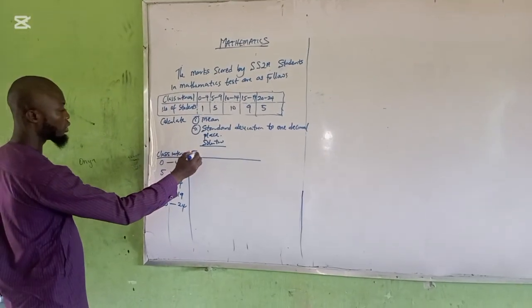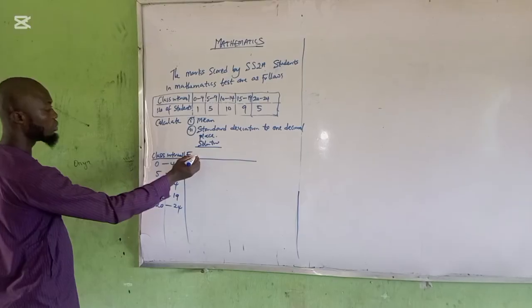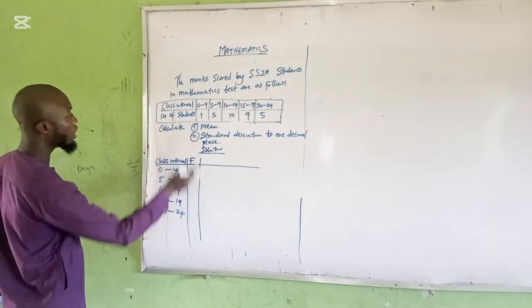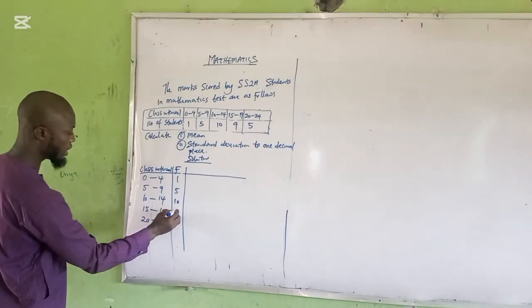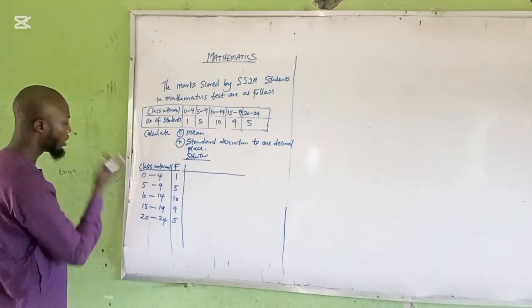Then we have our frequency, the number of students, which here actually means frequency. We have 1, 5, 10, 9, and 5.